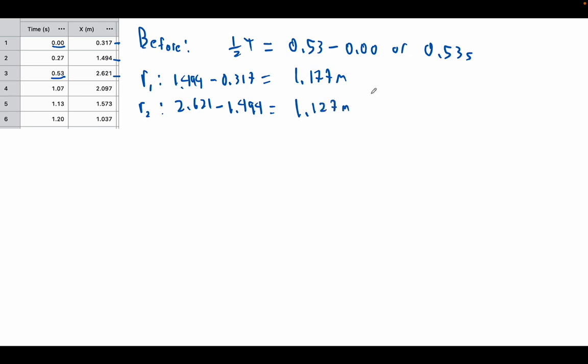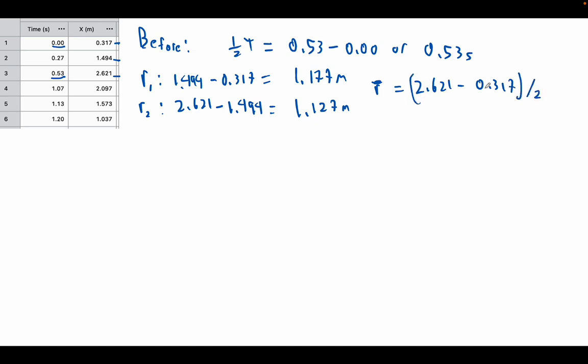Okay. And then our uncertainty, so what we're going to use for the radius is, there's two ways to do it. You can either just go this minus this divided by 2, or you can average these two. I'm just going to go, our radius is 2.621 minus 0.317 divided by 2, right?